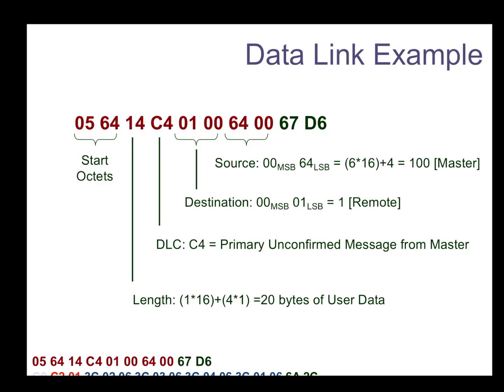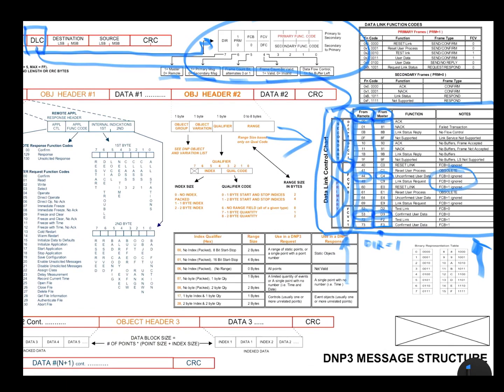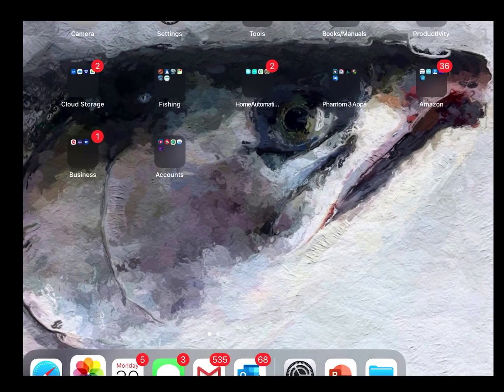Here's an example of interpreting a data link header using your breakout sheet or handout. It starts by understanding that we're going to the 10-byte data link header and breaking it down into these boxes: a 2-byte value, a 1-byte value, a 1-byte value, two 2-byte values, and we end off with a 2-byte CRC.